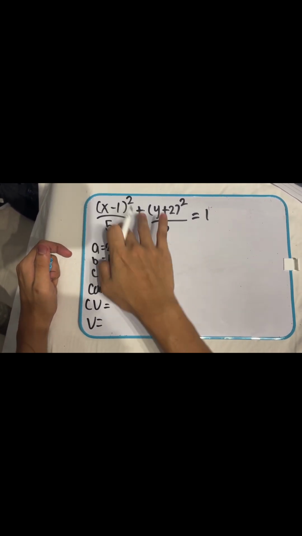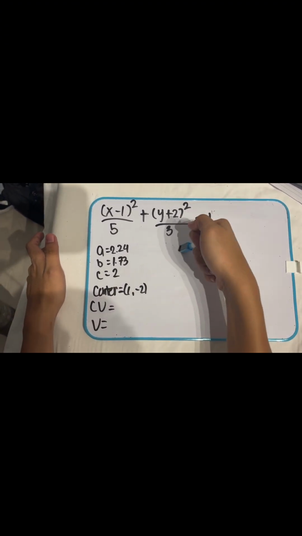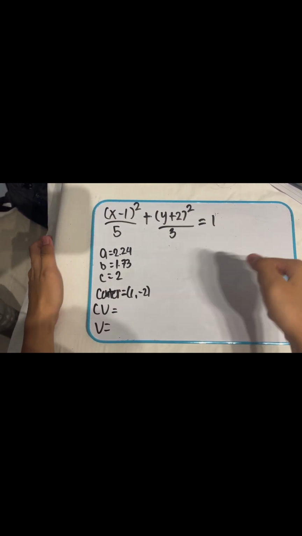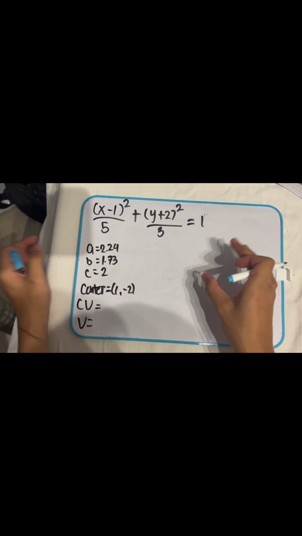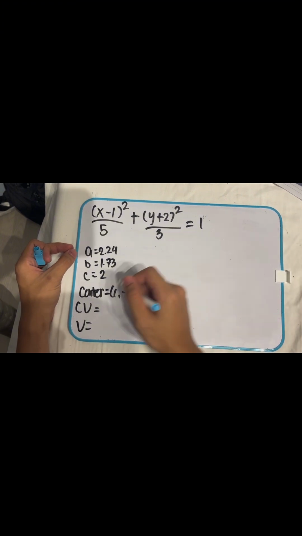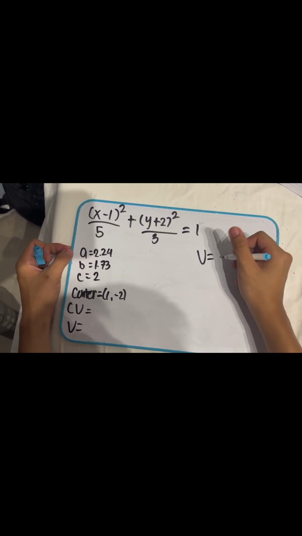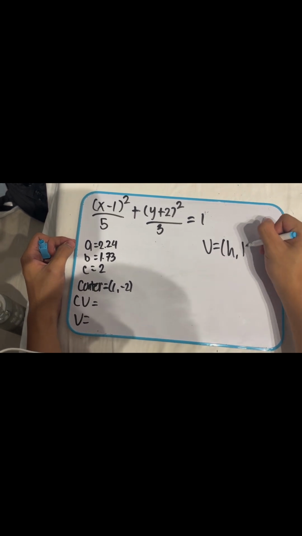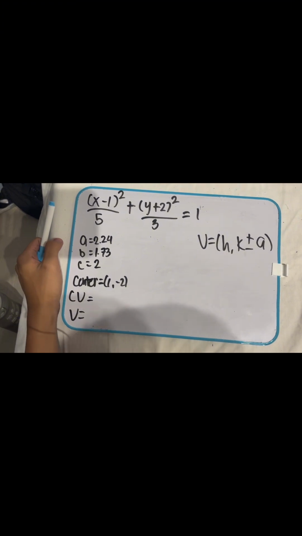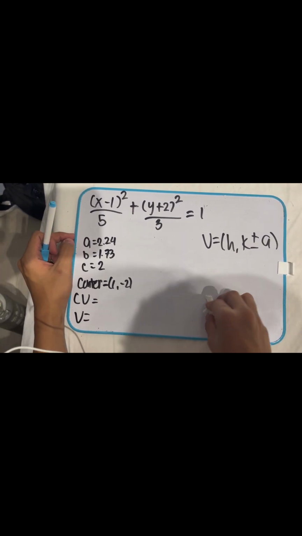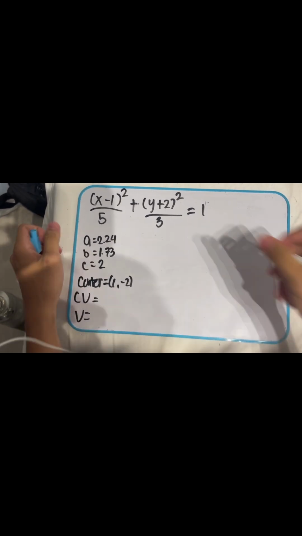Since the value of a is bigger than the value of b, the orientation of this is horizontal. So the formula for the vertices using a is (h, k) plus or minus a.